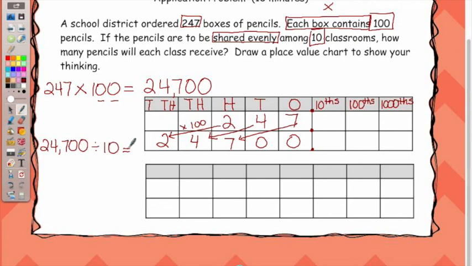Now wait a minute. Looks to me like I can use the zero trick again. If it's anything times 10, add a 0 to the end. What's the opposite of that? You take a 0 off the end if you divide. So this is how I show it.